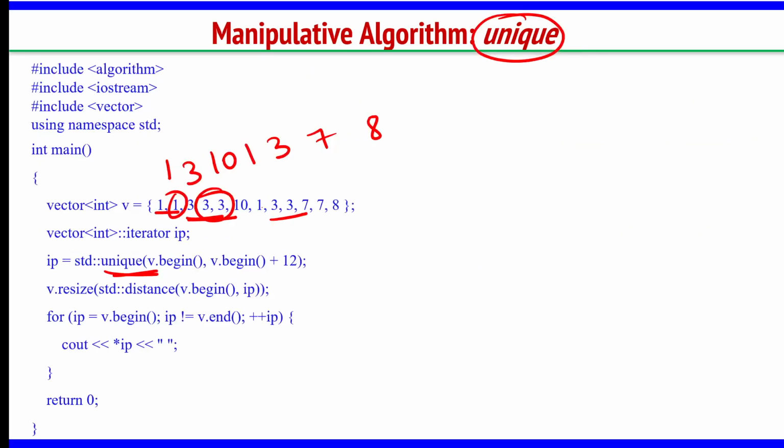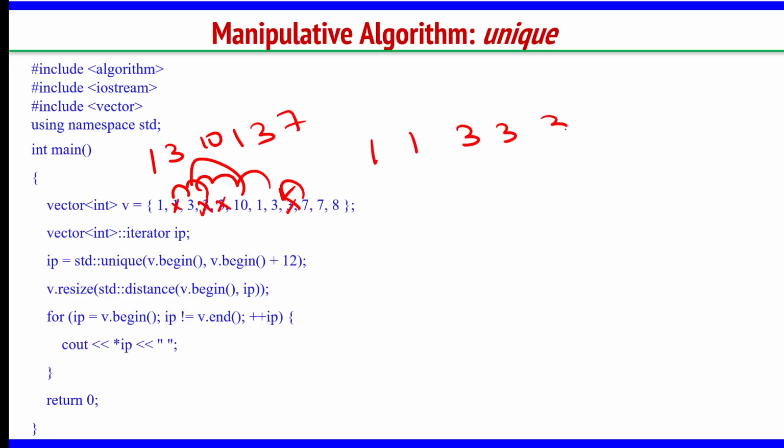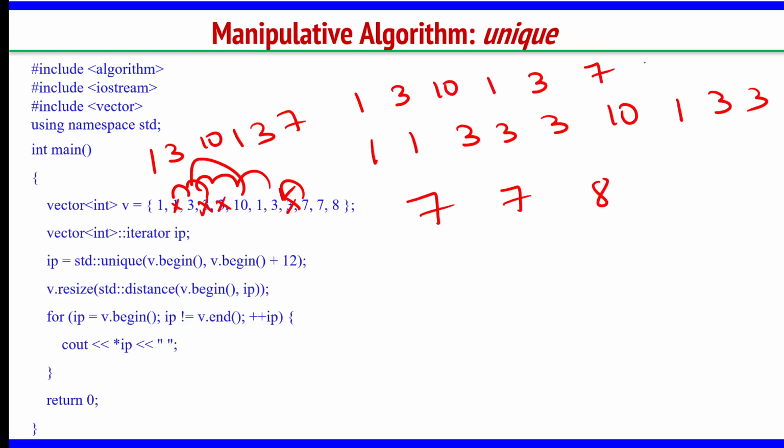Actually, what is the algorithm here, how it is working? See, 1 is there, okay, next one is 1, so this 3 is copied here, next is 3, this 3 is removed, this is removed, this 10 is copied here, so this 1 is copied here, then 3, this 3 is removed, this 7 is copied in this location. Like this, it copies in the previous locations. So 1 comes here, then 3 comes here, then 10 comes here, then 1 again, then 3, then 7, then 8.